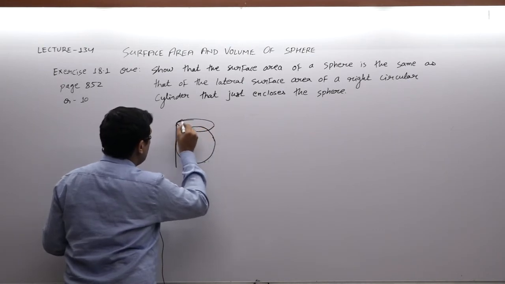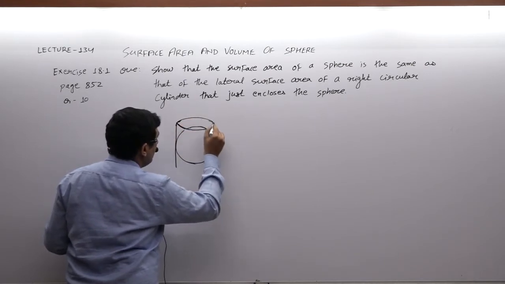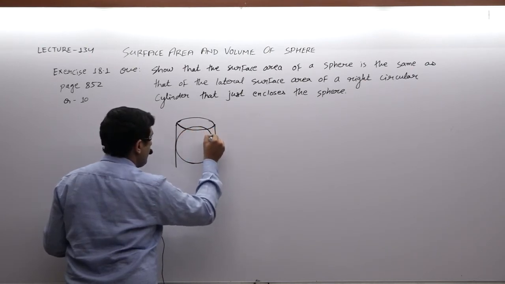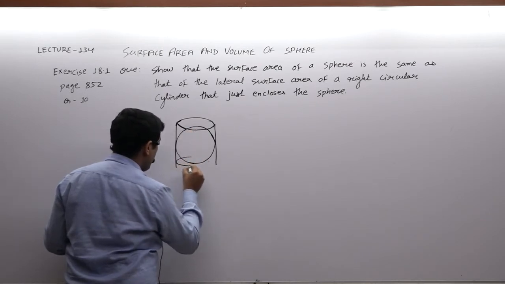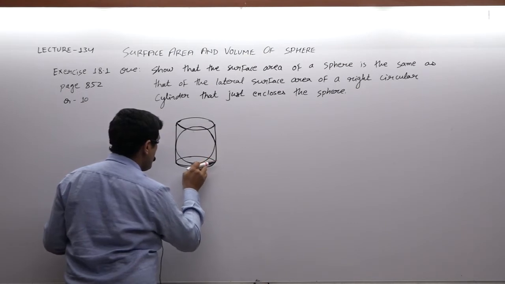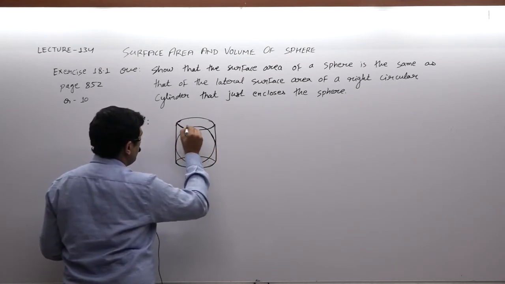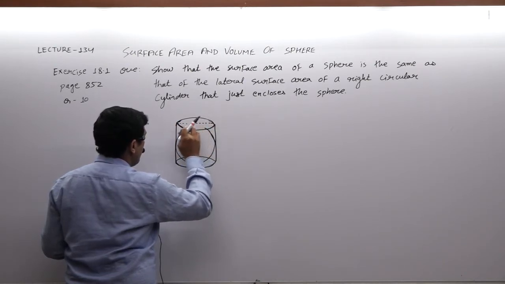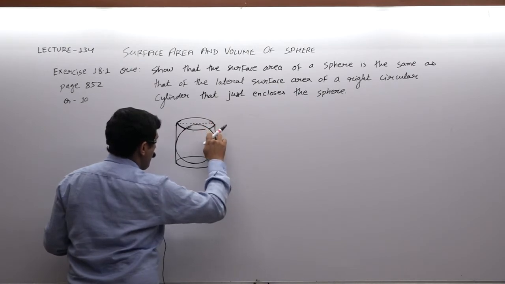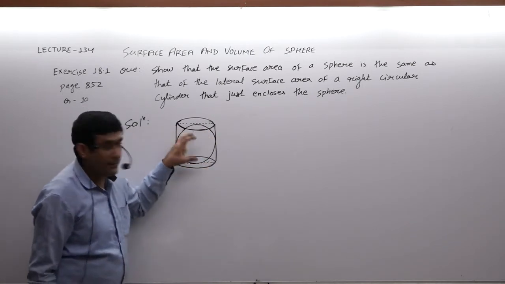In other words, sphere exactly gets fit in this cylindrical container or box, something like this. Okay, there is a sphere which exactly gets fit in a cylinder.